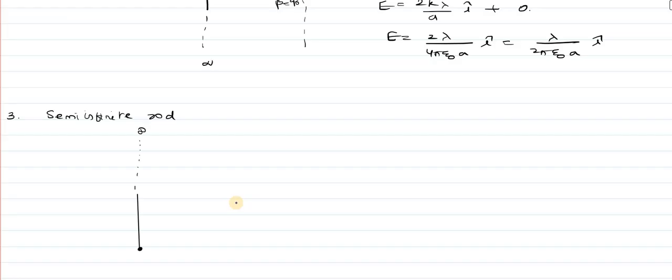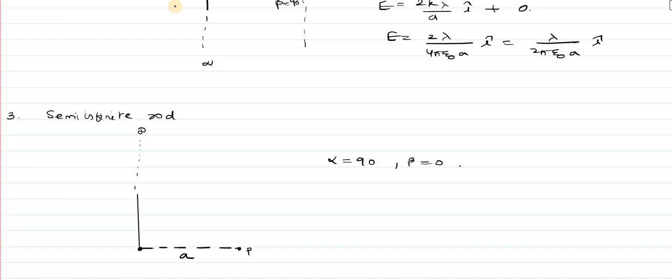The point P is perpendicular from one end of the conductor. So what is the perpendicular distance? As usual, we will take it as A. What is the angle alpha here? Alpha is 90 degrees, right? But where is beta? Beta is 0, no?